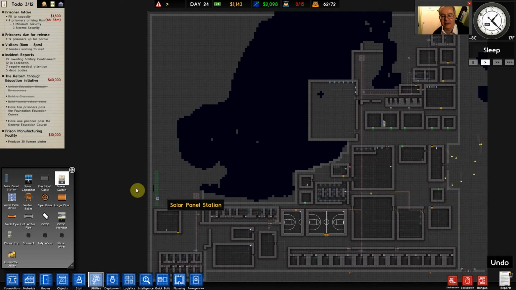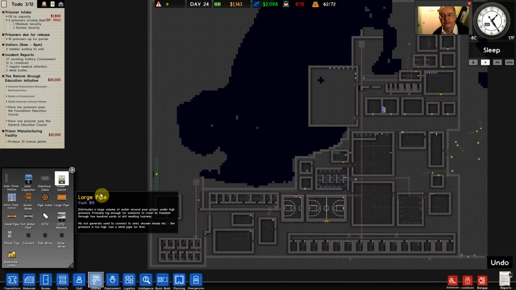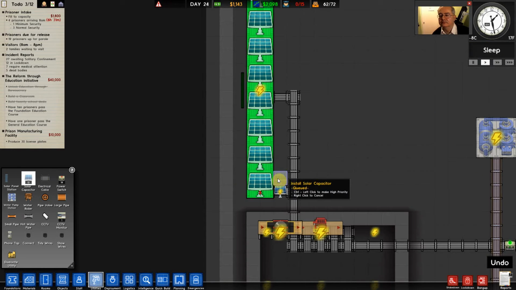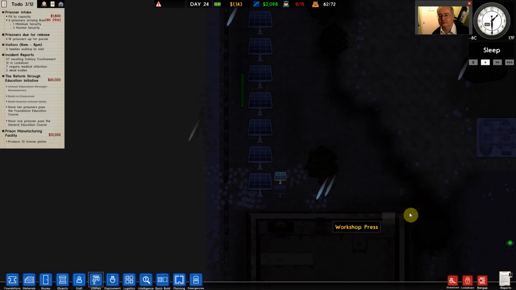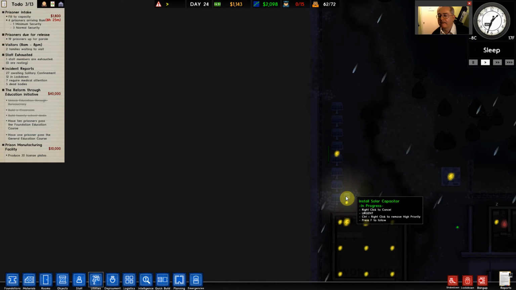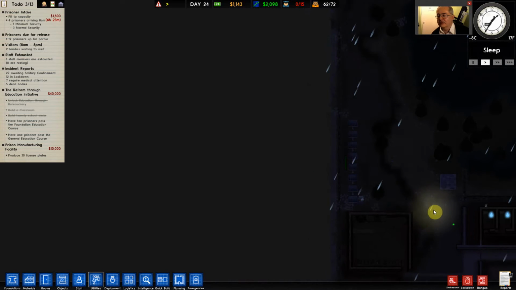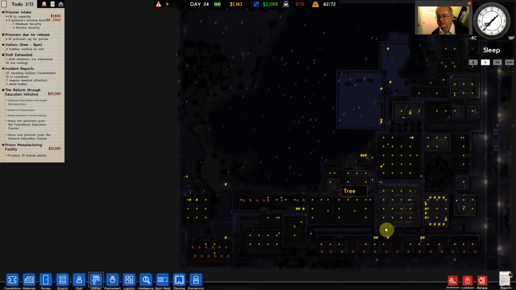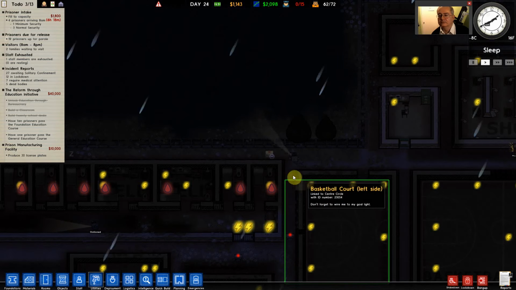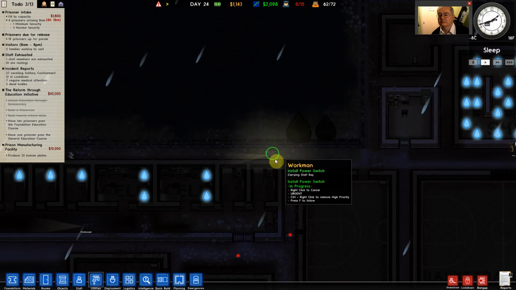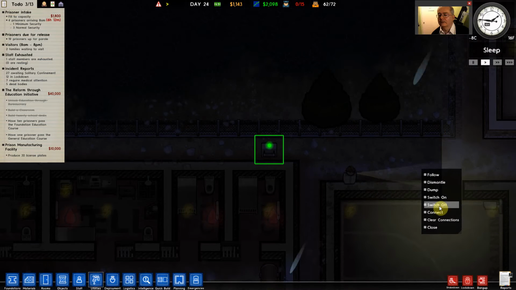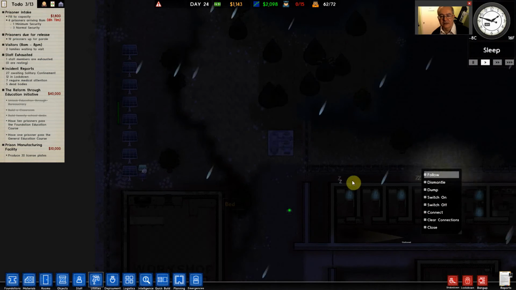I have enough for another capacitor. Let's see how this goes.